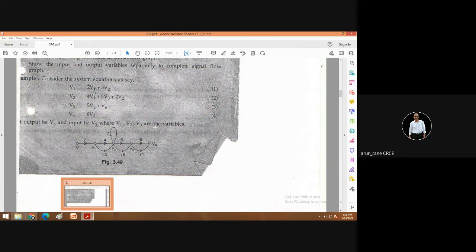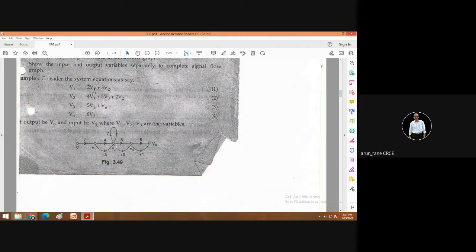So V1 is equal to 2 Vi plus 3 V2. That is this. This is the gain value for each and every node. So 2 Vi is incoming, and 3 is incoming here from V2.